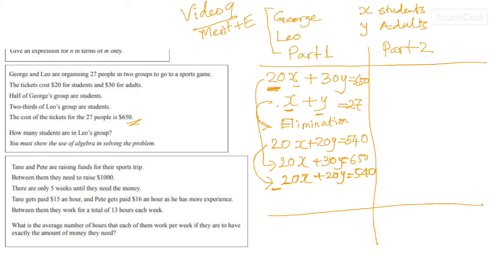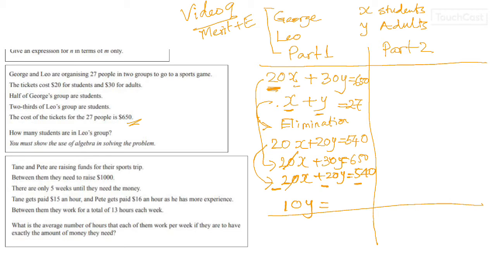After some practice, you'll get used to it. I'm subtracting each term, and that'll give me 20x will cancel out. 30 minus 20y will get me 10y. y is the number of adults.